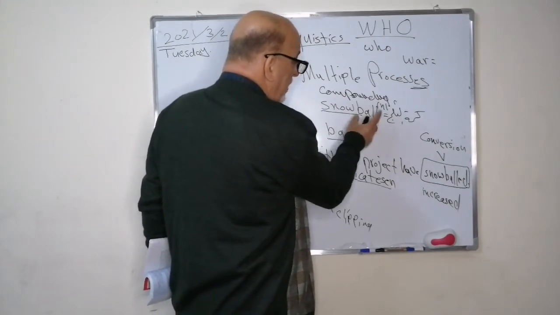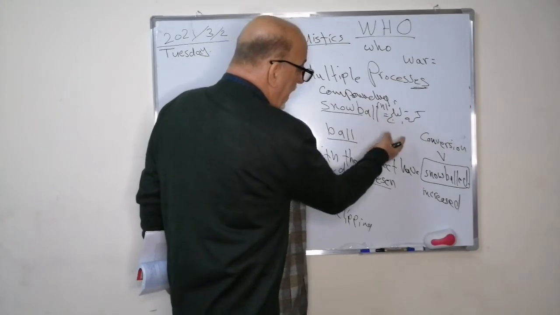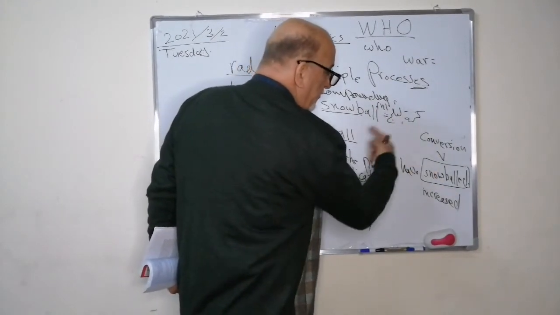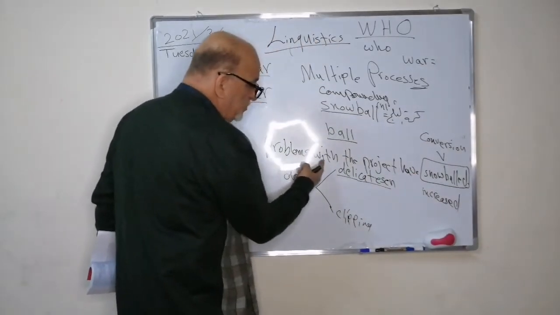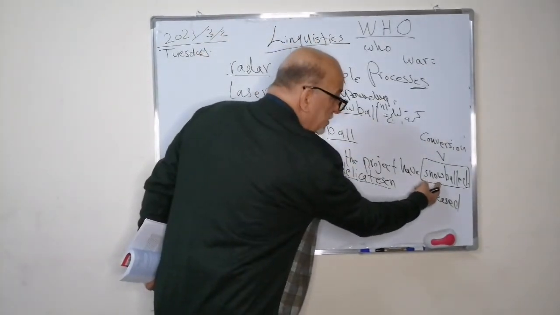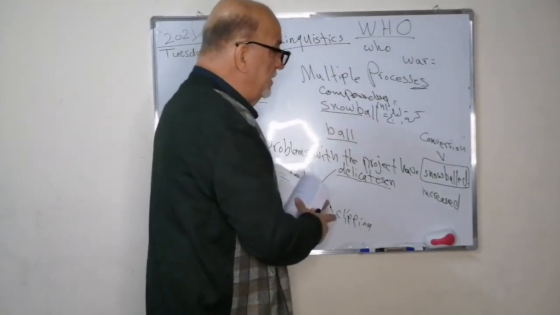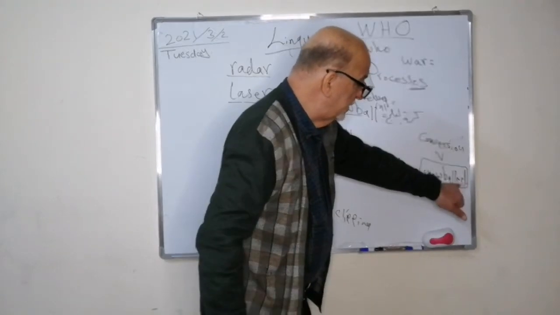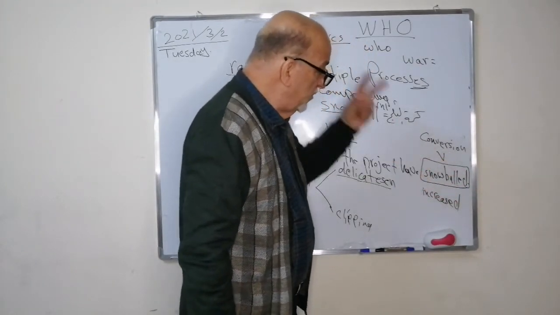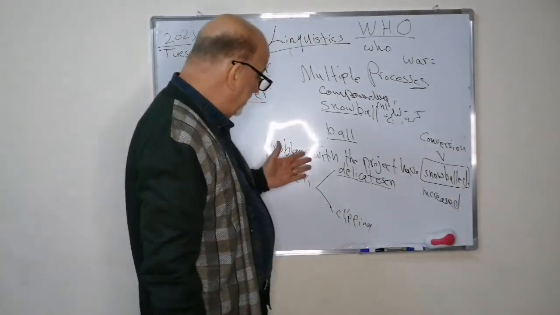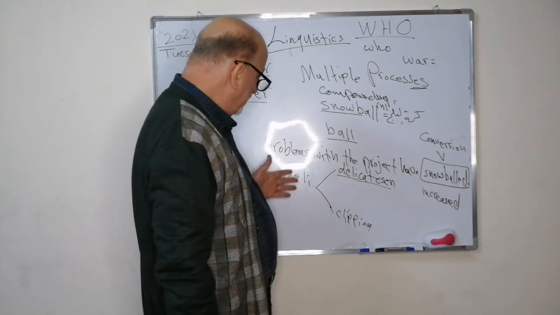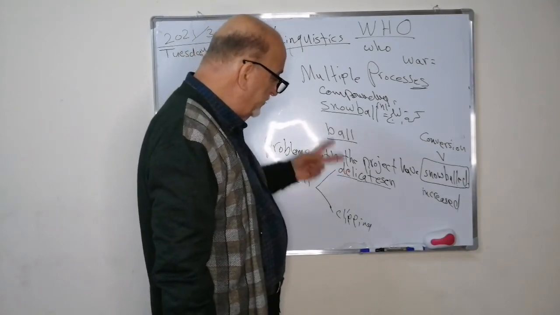We have snowball as a noun, and then I change the word class from noun to verb, as in the example, problems with the project have snowballed, have increased. So snowball as a verb is the result of two processes: first compounding, second conversion. Similarly, the word deli is also the result of two processes.